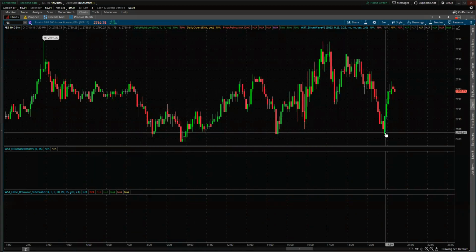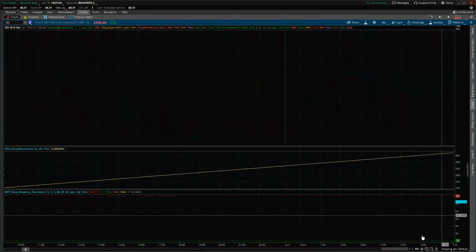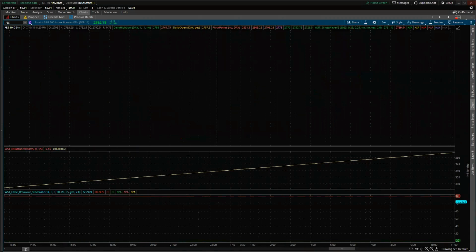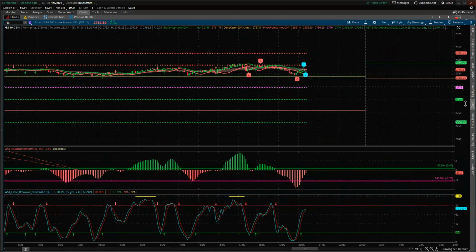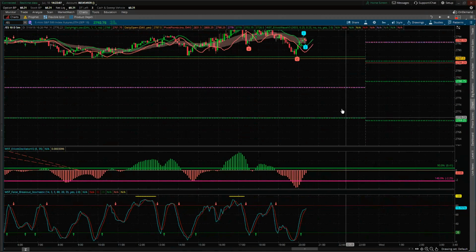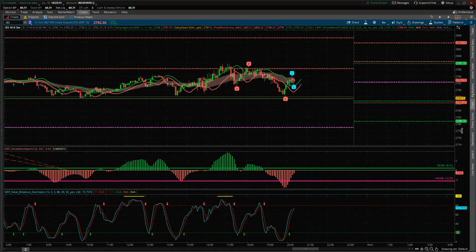Just have to let the indicator suite do its magic, run through its calculations. Okay, there we go. So as you can see, like I said, we're not in a trend, okay?